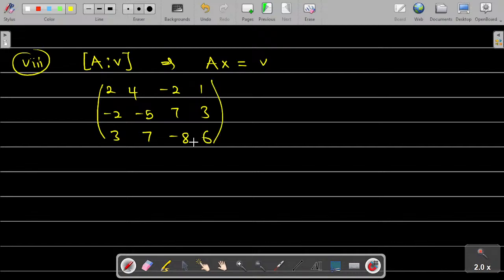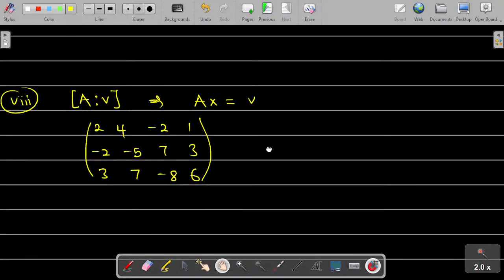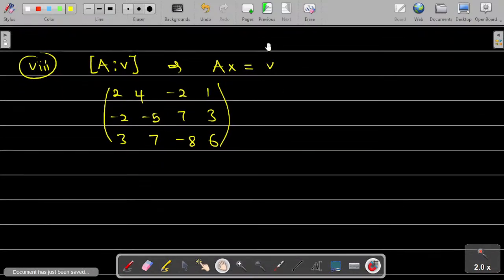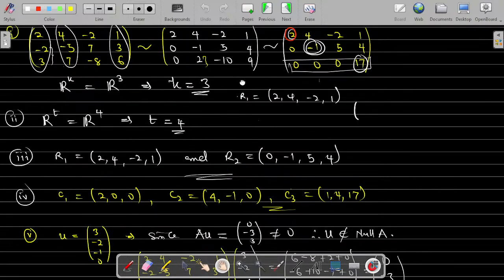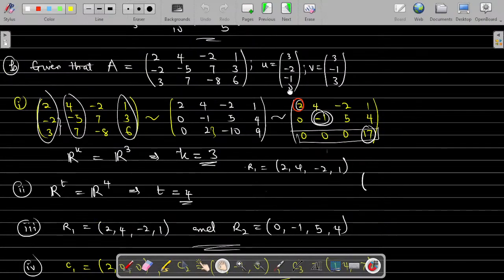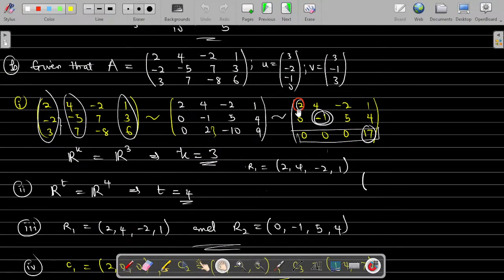But remember that after our matrix reduction, we discovered that in the column space there were only 3 pivots. Let's go up a bit. Yes, we discovered that the pivots were in columns 1, 2, and 4.